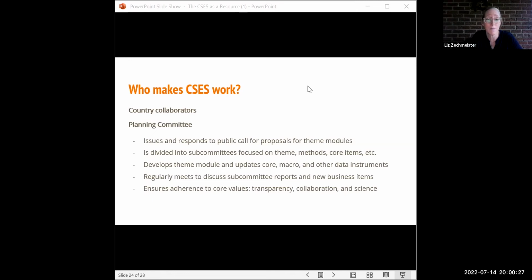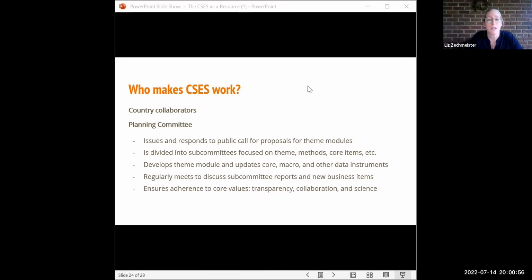That may be a theme that came directly out of one proposal, or for example, in the case of the populism module, a theme that carried across several proposals. And the planning committee subcommittee on the theme module worked to harmonize the ideas and develop an instrument that reflected that input.